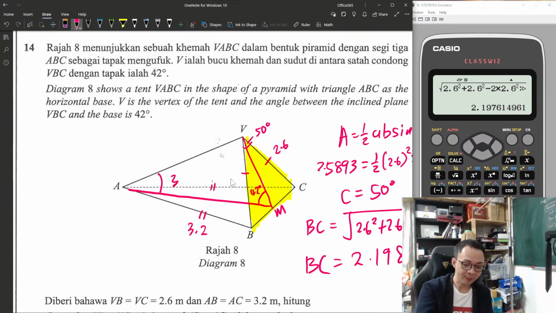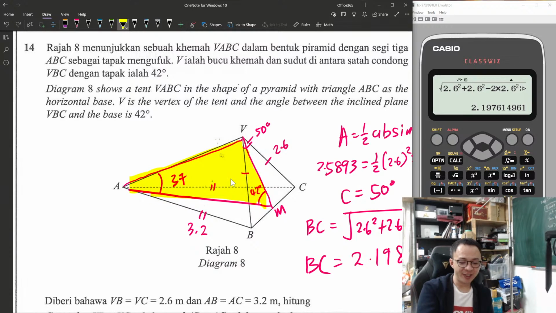Then we have a plane in the middle. I don't know if you can see it or not, but I hope you can. If you cannot, I will try my best to help you see. We need to solve this plane to get the length of AV.